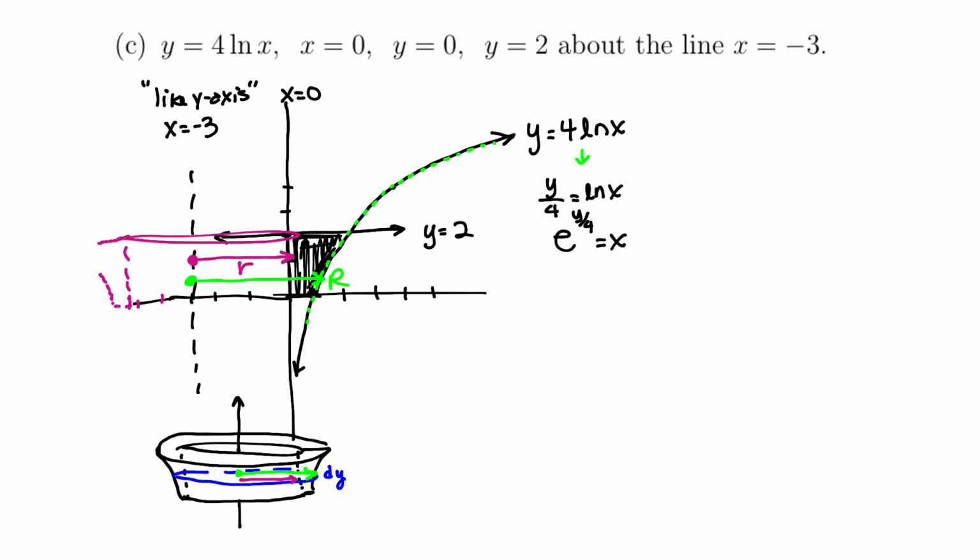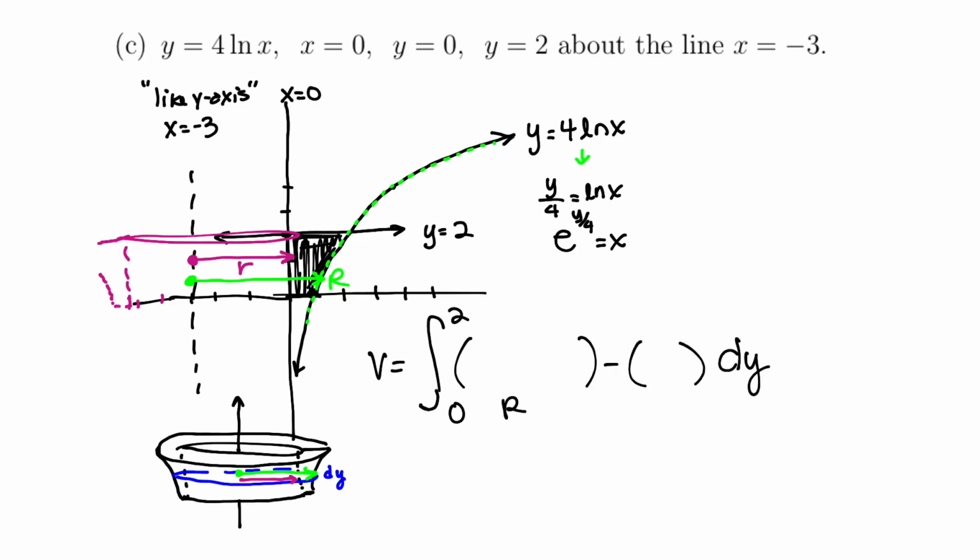Volume equals integrating with respect to y means my limits are going to be what? 0 to, Megan, did you get limits on this? 0 to 2? Yep, 0 to 2 because I've got y limits. Integrating with respect to y.